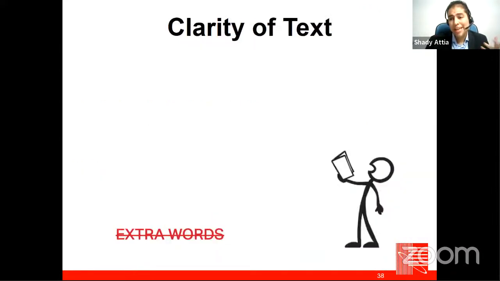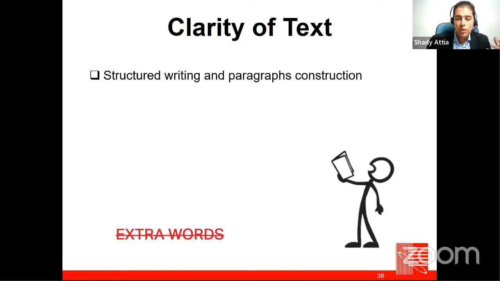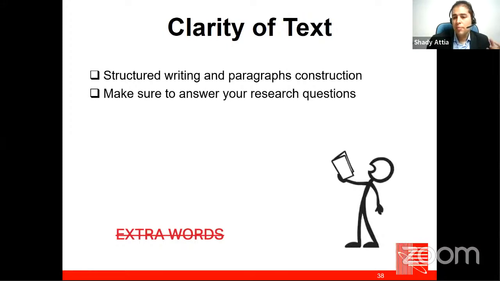Now, when we talk about clarity of text, here I'm looking to have structured writing and clear paragraphs, and to make sure that I'm answering the research questions, because the key instrument that will guide the whole paper writing is to have research questions and to try to answer them.